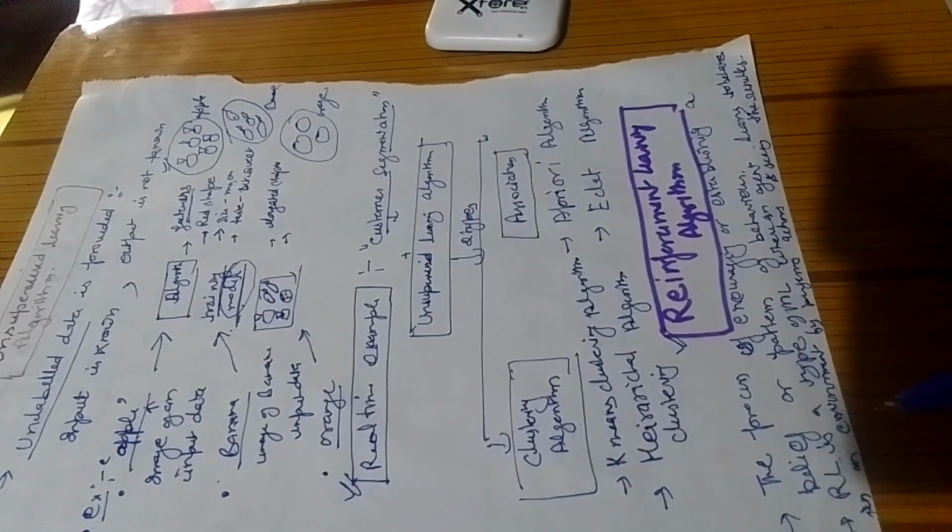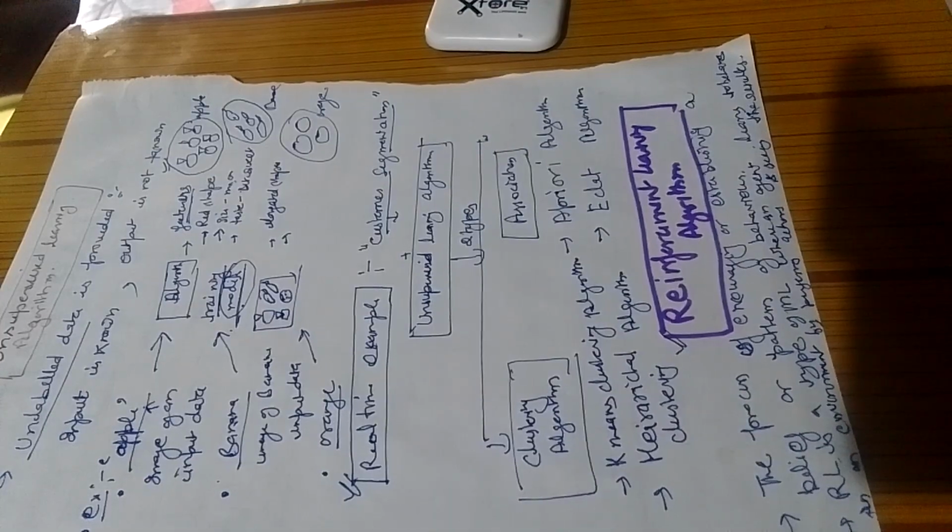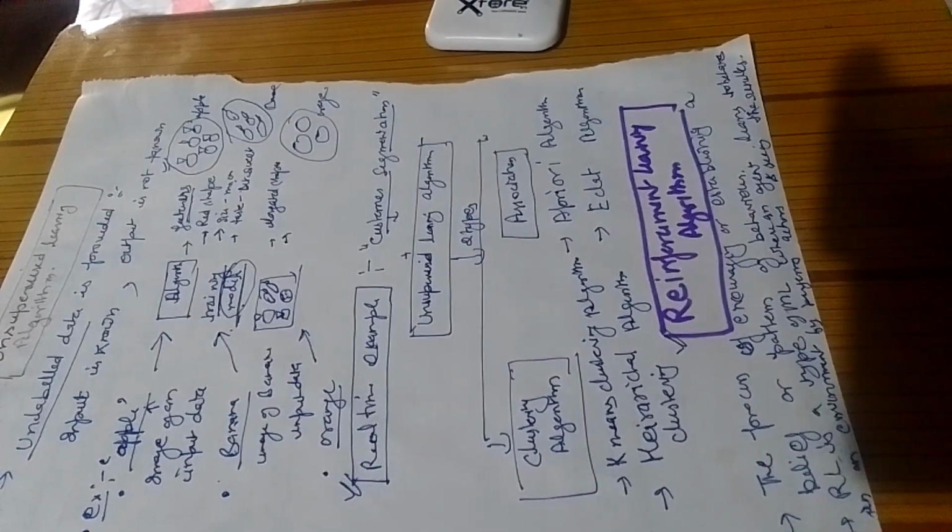The definition means that reinforcement learning is a type of machine learning where an agent learns to behave in an environment, like a child learns how to behave in the house where he or she is born, by performing actions.